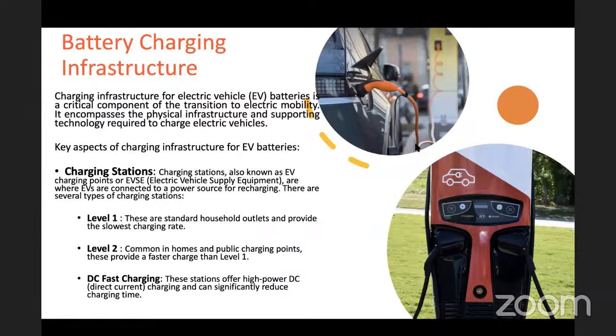Then comes the level 2 charging stations, which are for public roads and public usage, which will charge a little faster than level 1. And then the DC charging, direct current charging, for fast charging requirements. This is also available currently on the market.